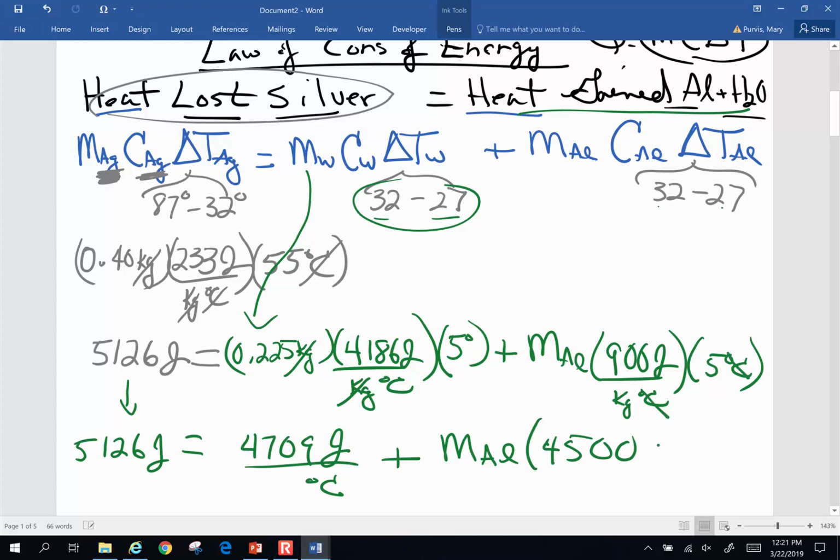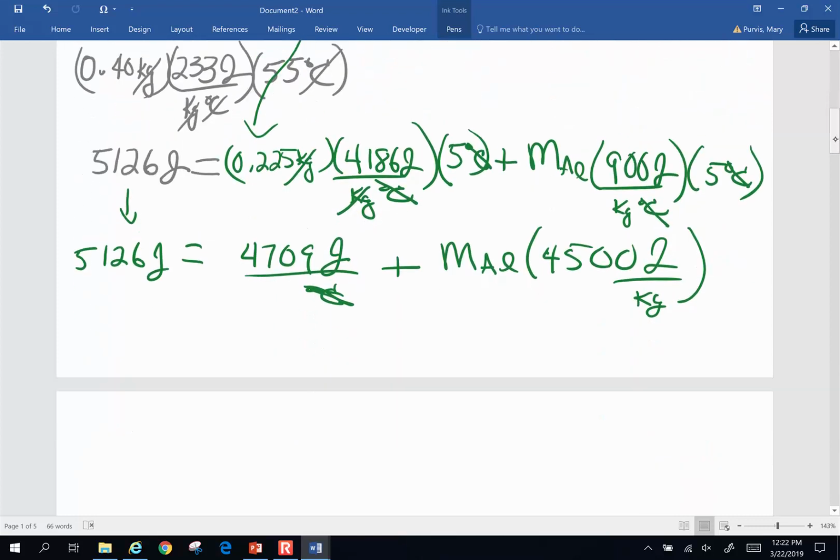Degrees Celsius will cancel. Joules per kilogram. I made a boo-boo on my units, didn't I? I can hear some of you yelling at me. 5 degrees Celsius, I didn't cancel those, so that should go away. We're getting very close to the end.